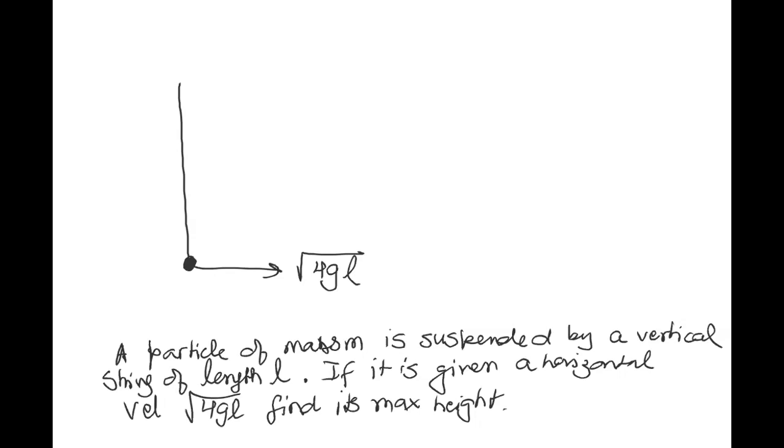You have to think. It is not a straightforward question. अगर यही रूट 5GL मैंने लिख दिया होता तो it would be a straightforward question. It is not a straightforward question. You have to do a lot of thinking. It is very similar to the last question, but it is not a very straightforward question.